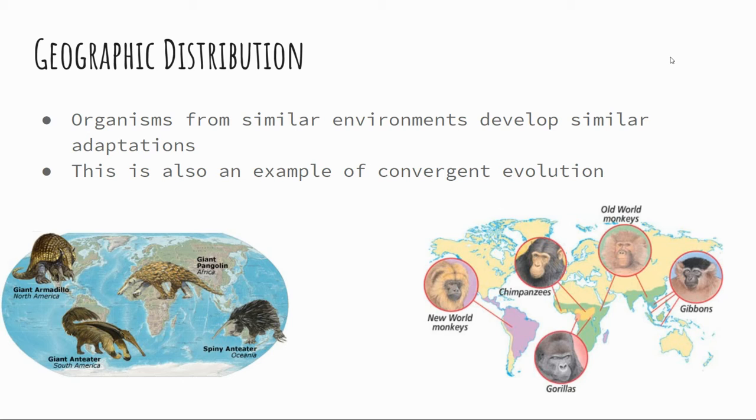But what we see that's different between them is the different type of adaptations based off the lifestyle of that organism in that particular part of the world. Okay, so for instance, there you can see the anteaters, different anteaters all across the world, and armadillos alike. And we see similarities and differences based off the environment and ecosystem where they're located.